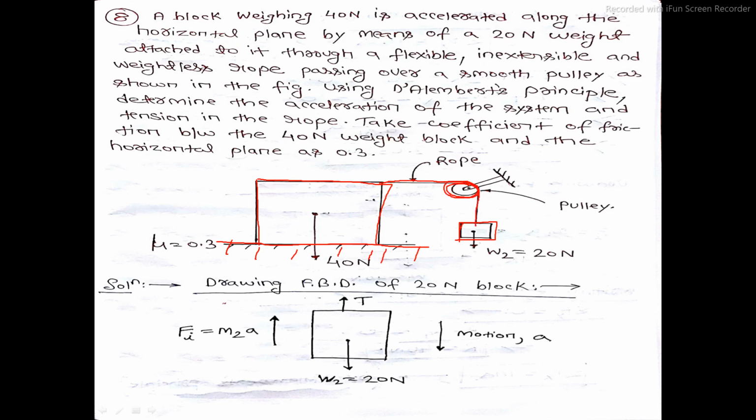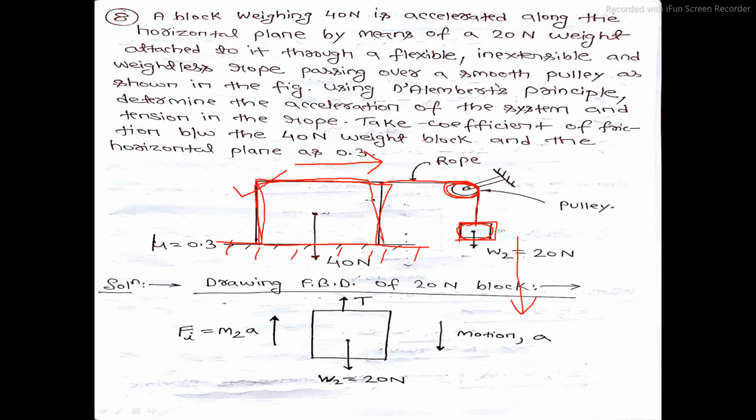In the problem it has been told that this block is given a horizontal acceleration. How can you give this horizontal acceleration to this block? It is possible only if you pull this weight downward. So when you pull this weight downward, this block will move in the horizontal direction with some acceleration.